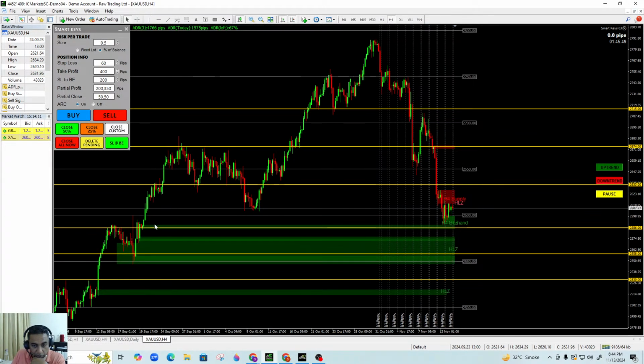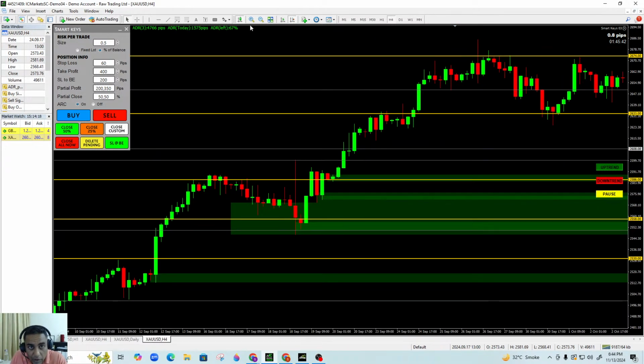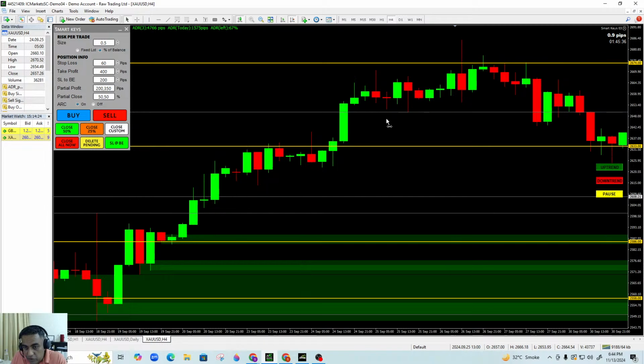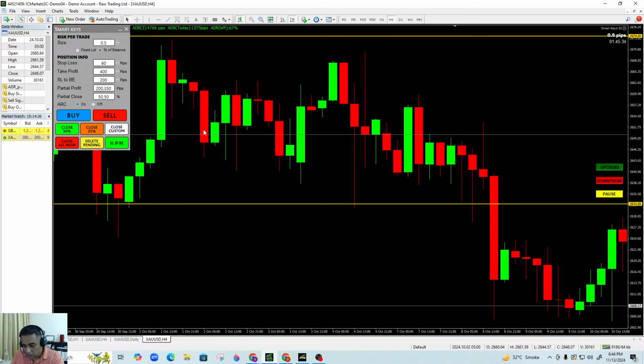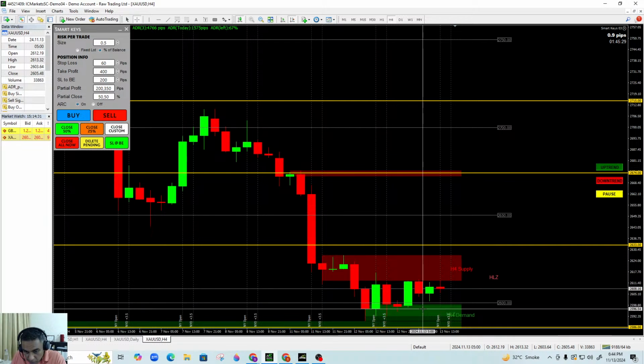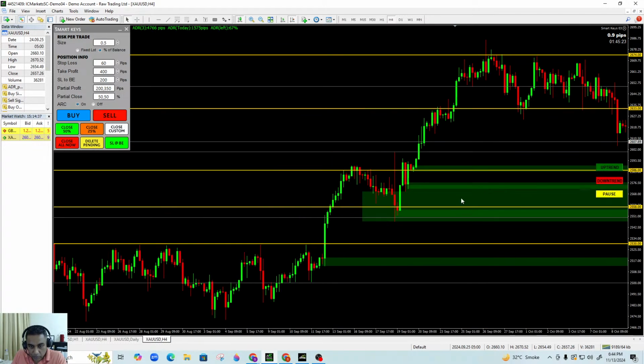If you look at this area, that area is a 60 pip zone, and in that 60 pip zone, one second, 9063.